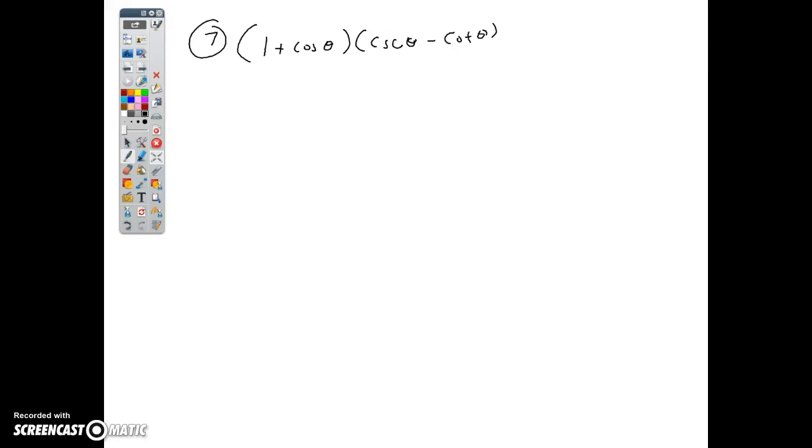So 1 times cosecant is cosecant theta, plus outers, negative cotangent theta. Firsts, outers, inners. Cosine theta cosecant theta, and then minus cosine theta cotangent theta, right?